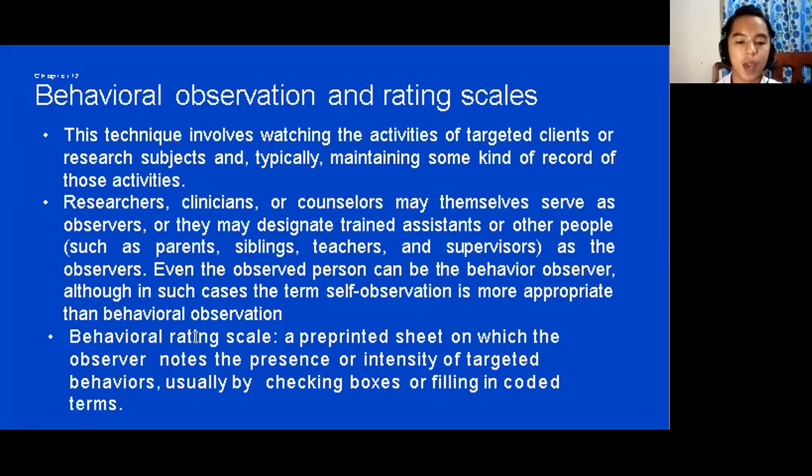And in order for this behavioral assessment to be standardized, a behavioral rating scale is made. It is a pre-printed sheet on which the observer notes the presence or intensity of targeted behavior, usually by checking boxes or filling in coded terms.